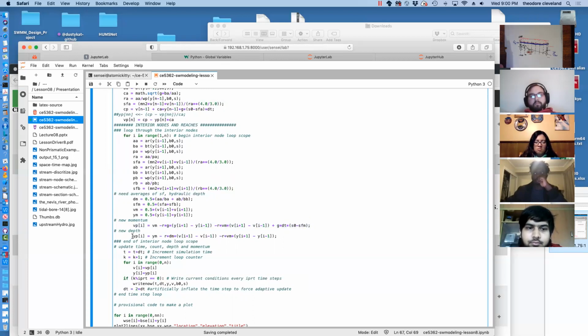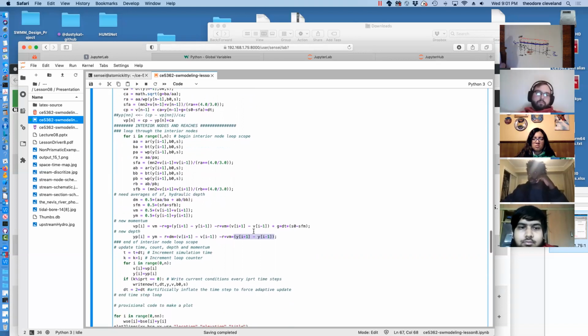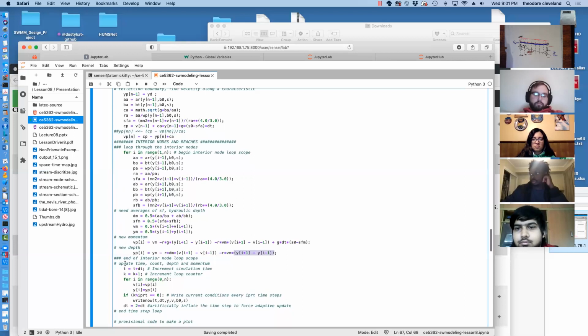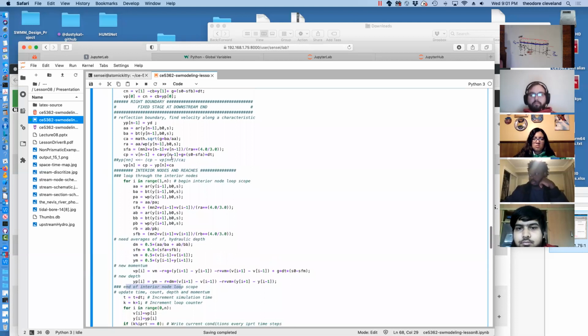Then we compute the depth values in a similar fashion. So our projected depths are the spatial average of the current depths, and then the variation of velocity. So that's inflow minus outflow, and then the depth taper of the water surface. And that's done for one spatial location, and then we do it one at a time for the other ones. So when we get done with that, we've completed all of our interior loops. The boundary conditions are taken care of.